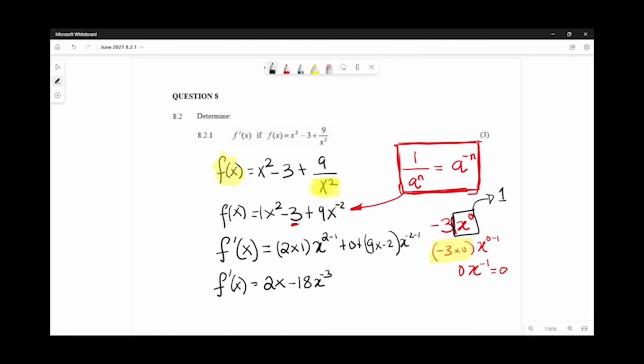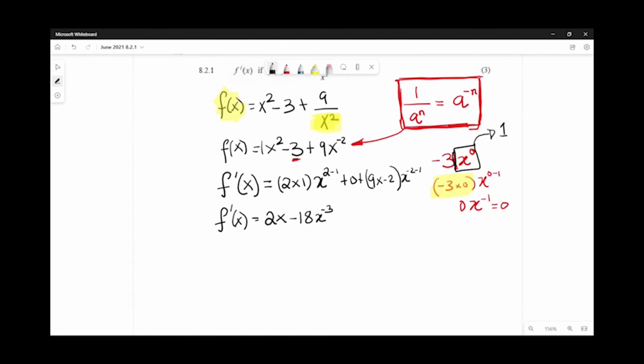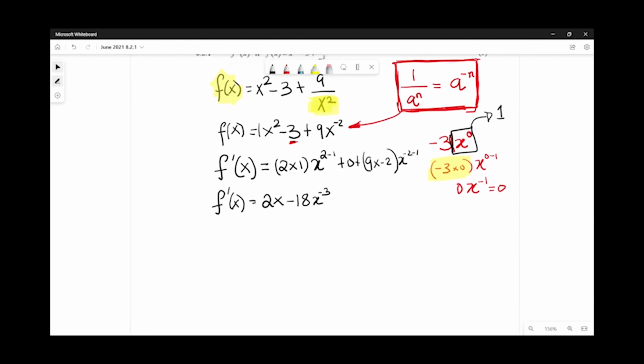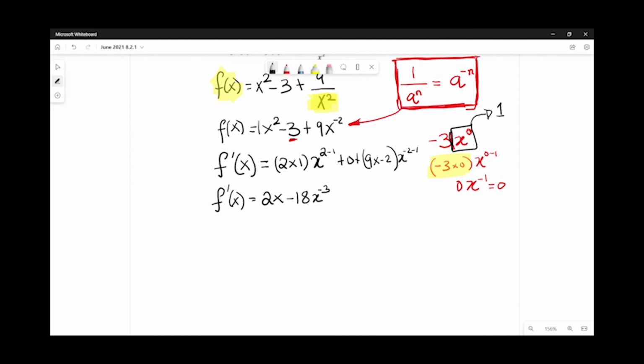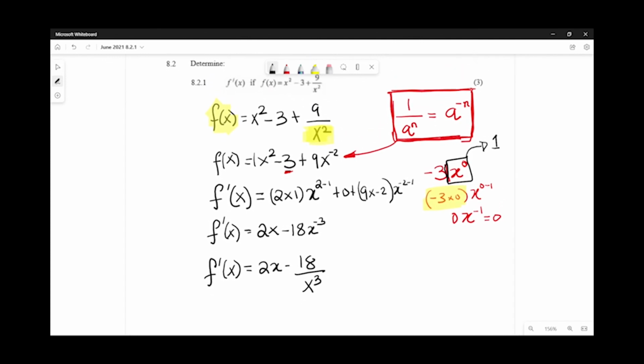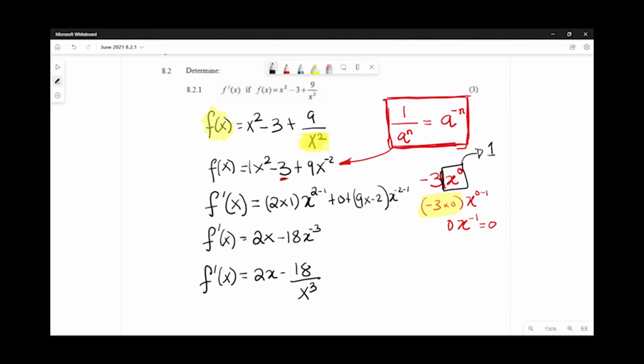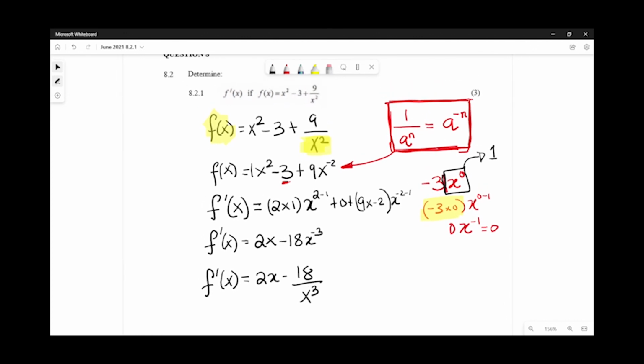So that is your answer, but you're not going to be penalized if you leave it like this, but leave your answers in a nice way so that they see that you know what you're doing. We're going to say minus 18 over x cubed. That is how you do derivatives. That is how we find f prime x.